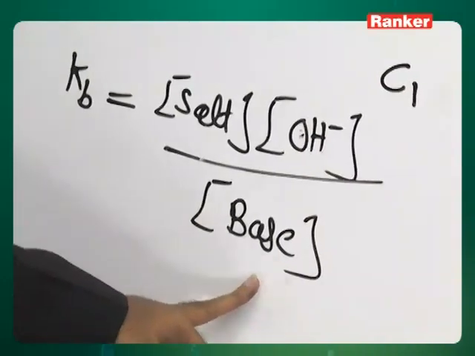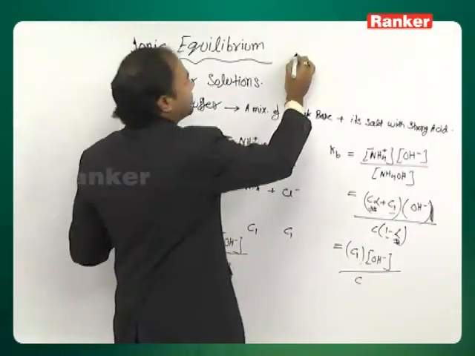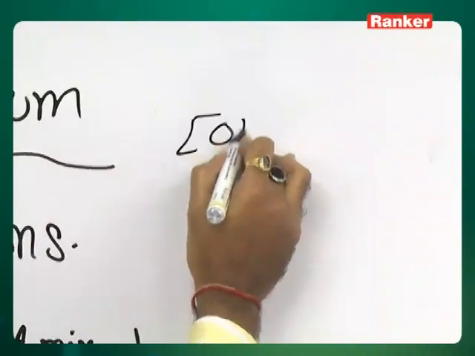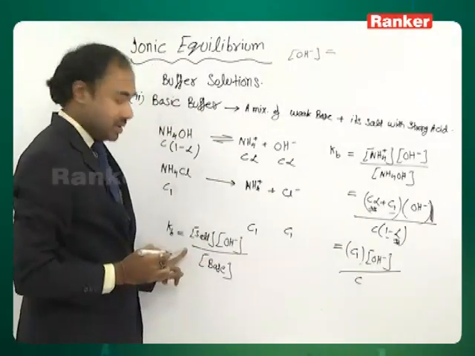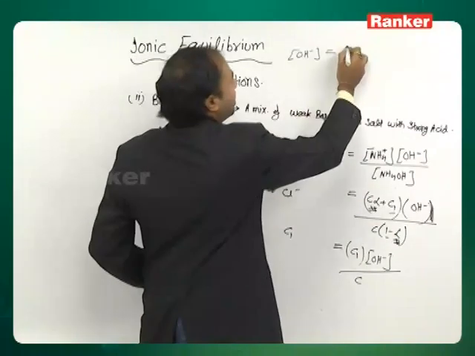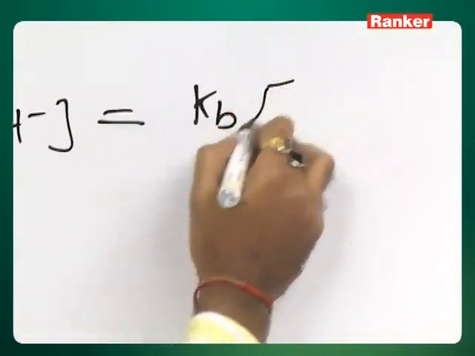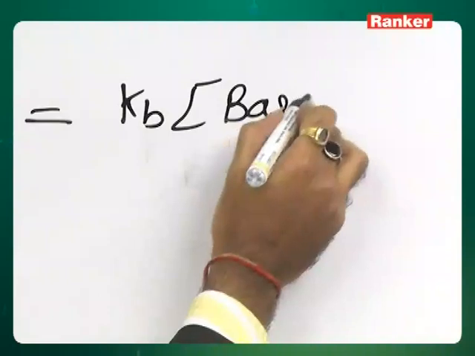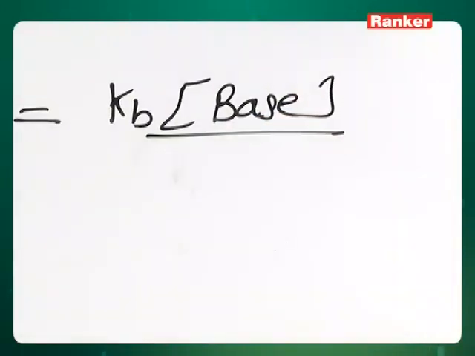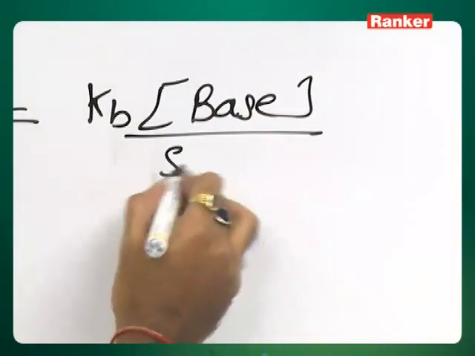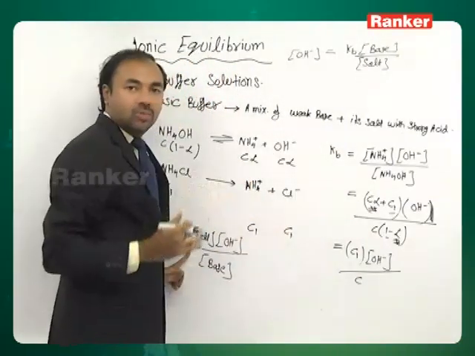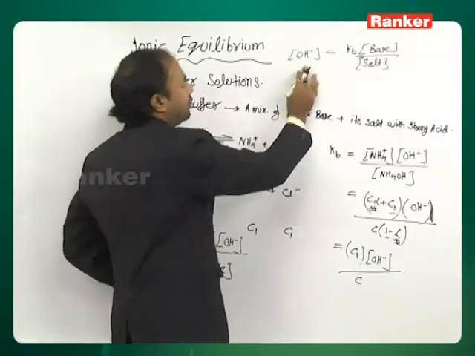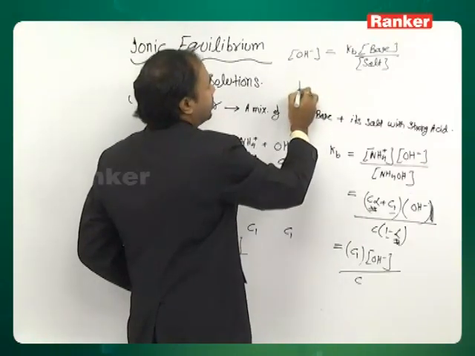Now from here we get the hydroxyl ion concentration of the solution as equal to Kb into concentration of base by concentration of salt. We take minus log on both sides. So minus log of this OH minus concentration becomes pOH.